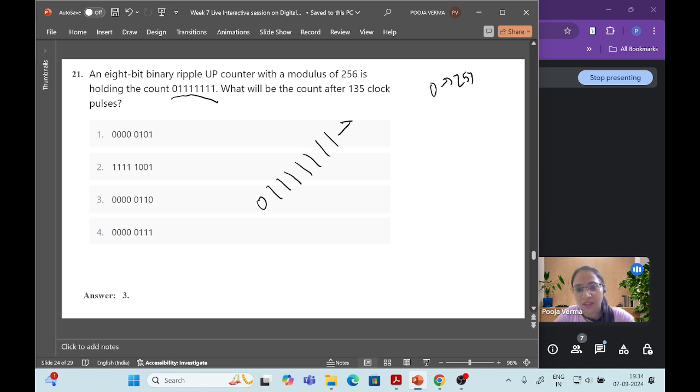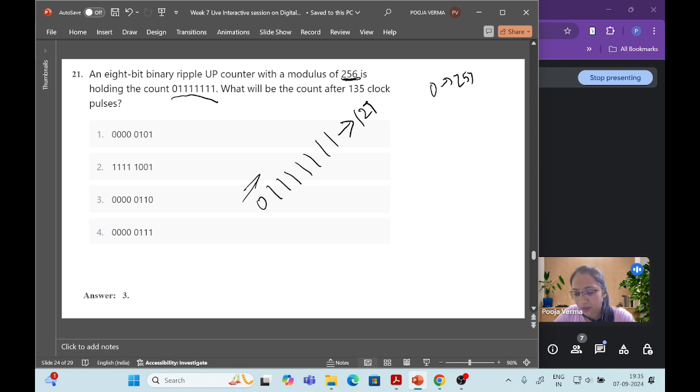What is the decimal value of this? Can anyone of you convert this binary to decimal? It is 127. That means currently it holds the decimal value 127, and it is an 8-bit binary up counter with modulus 256. That means it will count from 0 to 257. Okay, so currently it is holding this value.